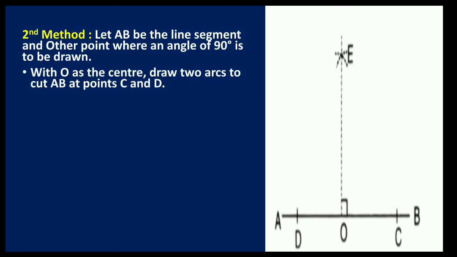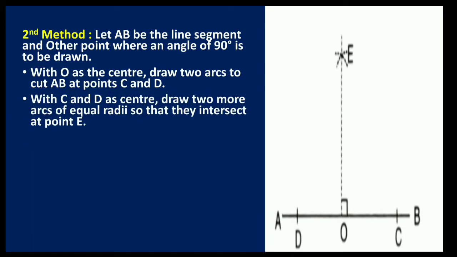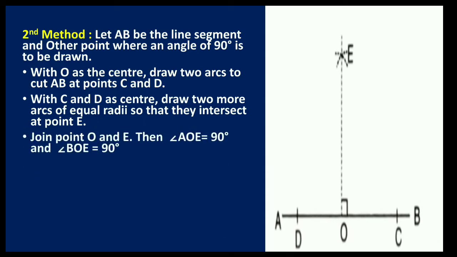So with O as the center, draw 2 arcs to cut AB at points C and D. Now with C and D as centers, draw 2 more arcs of equal radii so that they intersect at point E, and join point O and E. Then angle AOE equals 90 degree and angle BOE is equal to 90 degree.